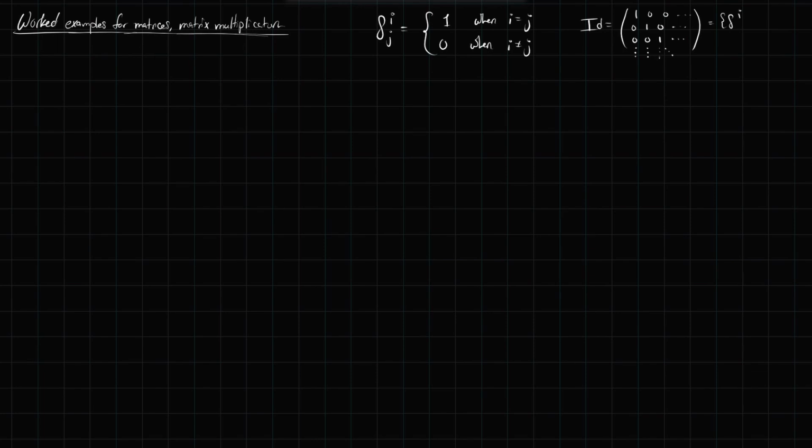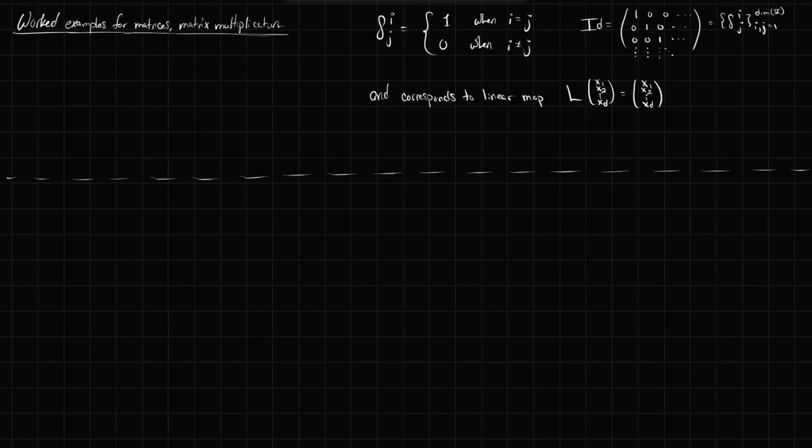It is written in shorthand as the Kronecker delta function, with i and j going from 1 to however big the dimension is. It corresponds to the linear map L of x1, x2, dot dot dot, xd for d dimensions, where the input and the output are the exact same. That's why we call it the identity, because it behaves like the identity on the input and the output.